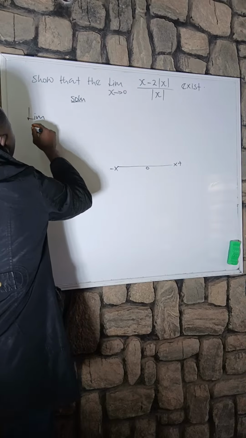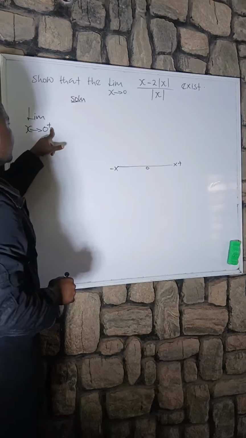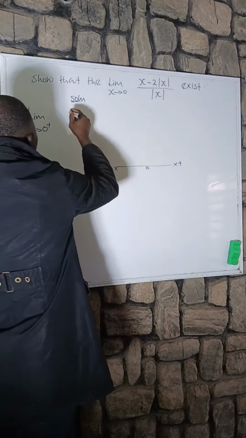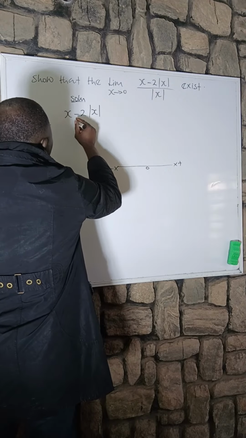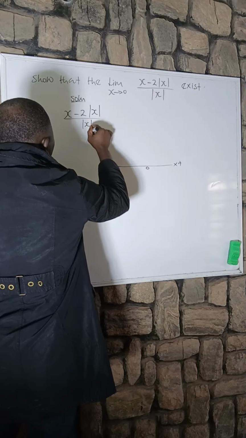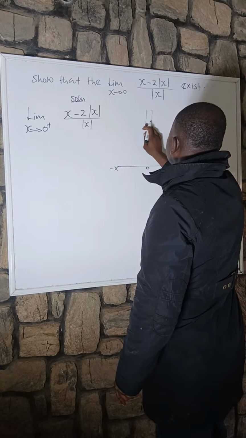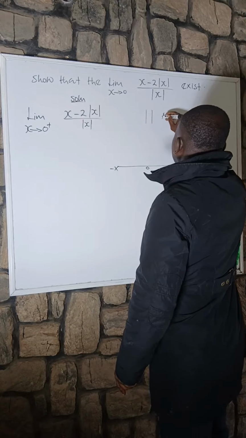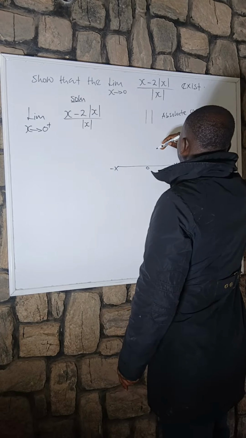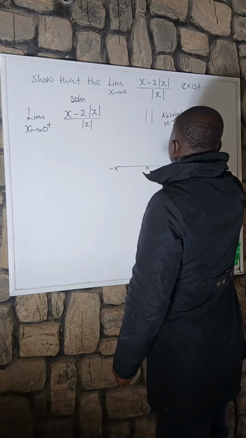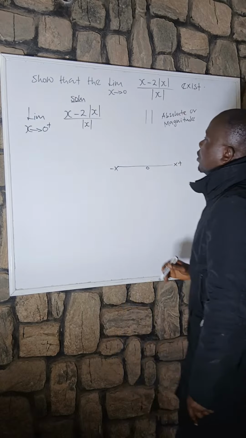So here we now write the limit as x tends to 0 plus, this plus means right hand side. Is that clear? Of x minus 2 times the absolute value, all over the absolute value. If you see this, this is known as either absolute value, or magnitude, or what again?